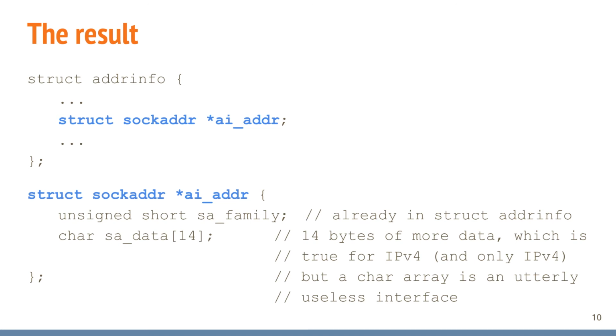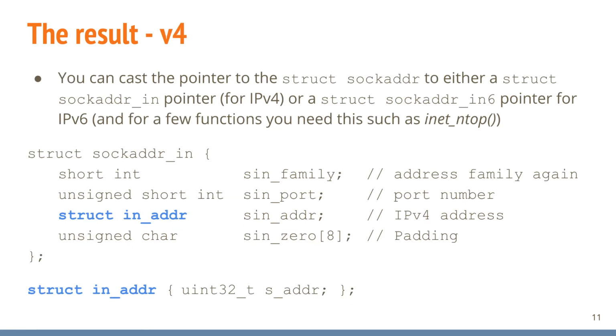Let's first look at the IPv4 case. If the sock address structure is containing an IPv4 address, you can cast it to a sockaddr_in structure. The first member of that structure is still the address family, which is important in order for this casting to actually work. The address family is followed by a port number, which is the one you have specified in the service parameter of the getaddrinfo function call.